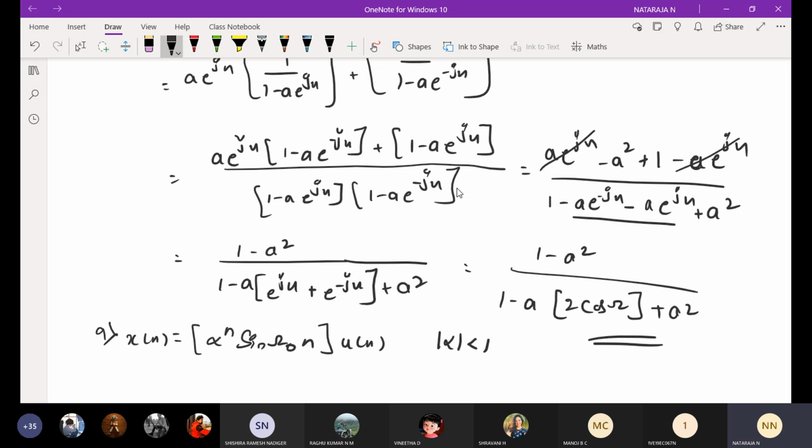The same term, alpha to the power of n sin omega naught n, u of n means it will be 0 to infinity, e power minus j omega n. Then you can separate alpha to the power of n into sin. How are we going to write sin omega? e power j theta minus e power minus j theta by 2j, you can simplify for the sine signal.